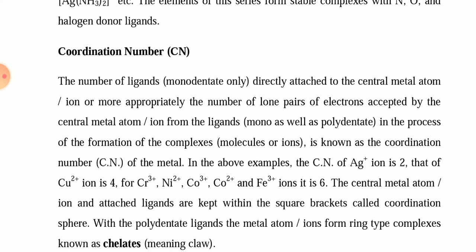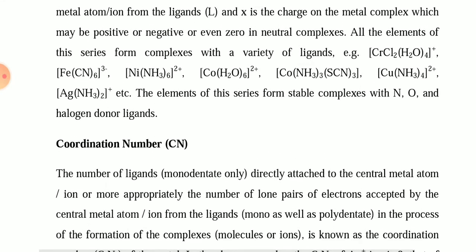Now chromium plus 3, nickel plus 2, cobalt plus 2 and iron plus 3 have a coordination number of 6. Here you can see in the complexes of chromium, iron, nickel, cobalt, the 6 ligands are present in the complex.